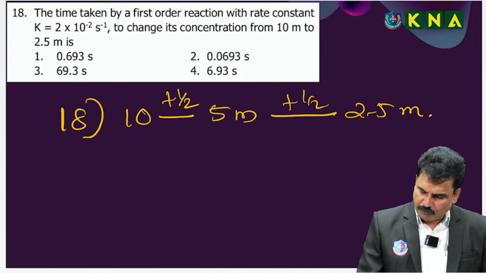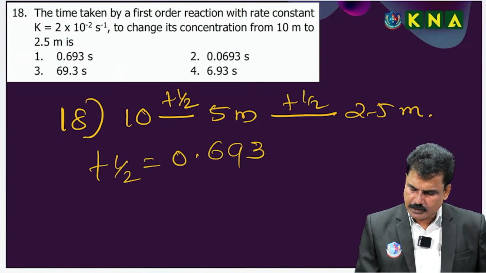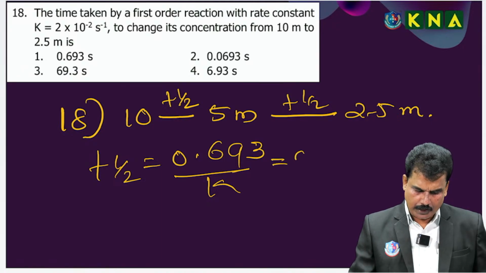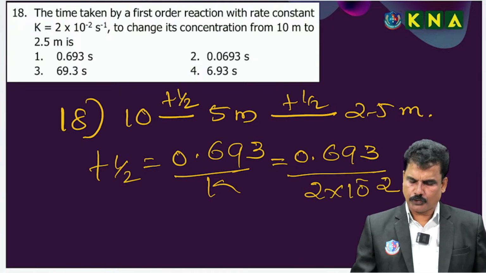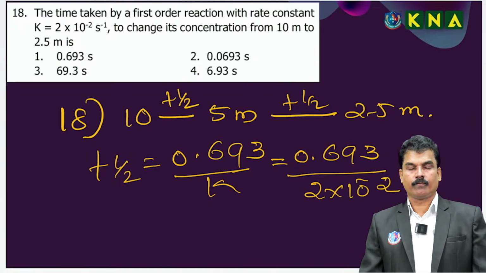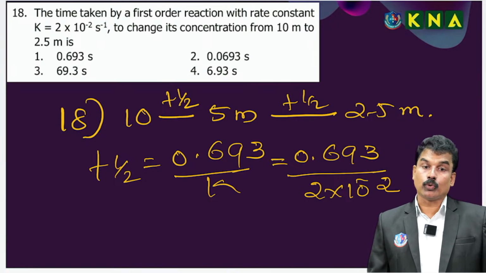Okay. So for a first order reaction, what is half-life? T half is equal to 0.693 by K. That is 0.693 by 2 into 10 to the power minus 2. That is the T half. Here, for this change, how many T half do you have to take? 2 T half.